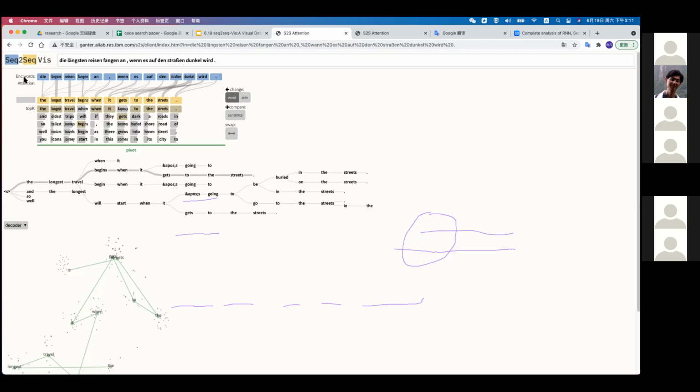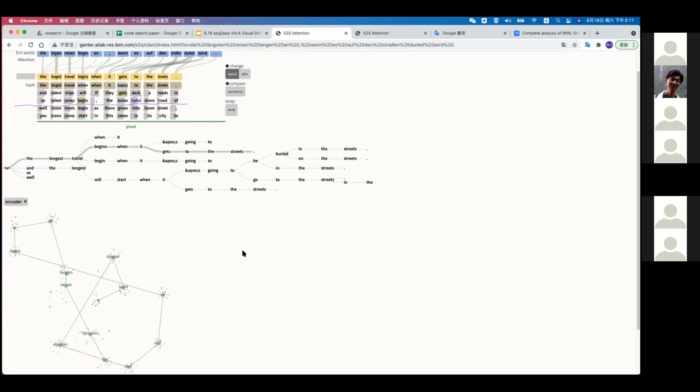We can see the encoded words are just the German words, and the first yellow line is the most likely prediction. And you can see here it is wrong. First we will look at the encoder, so we change it to the encoder picture.